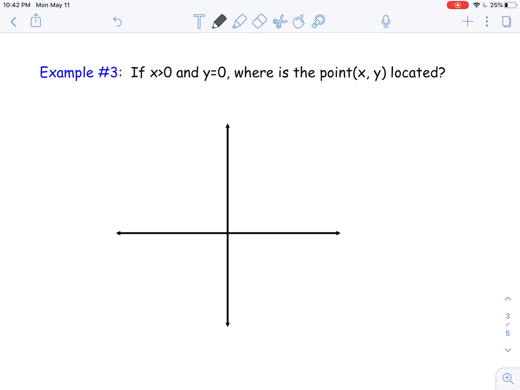Next one's a little bit trickier. It says, when is x greater than 0, so when is x positive, and my y value equal to 0? So that means I'm going to have a positive x value and a y value equal to 0. This means it's going to lie on an axis. So we have to think, when do we have a positive x and a y equal to 0?